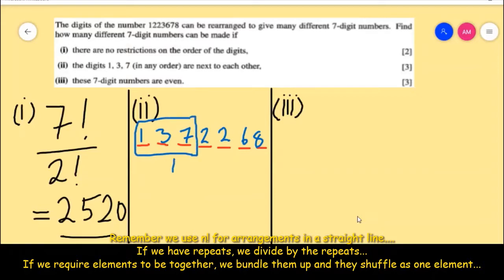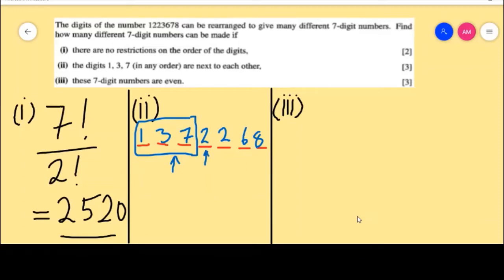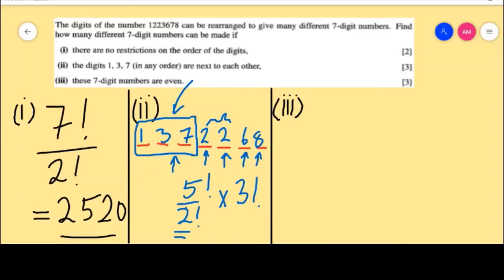So I've got all in all 5 items, so I'm going to go 5 factorial. But these 2's repeat, so I'm going to divide by 2 factorial for those repeats. But the bundled digits also can interchange in 3 factorial ways. If you do that on your calculator, you get 360.